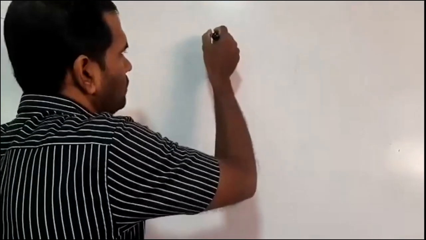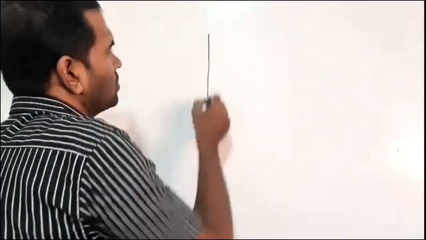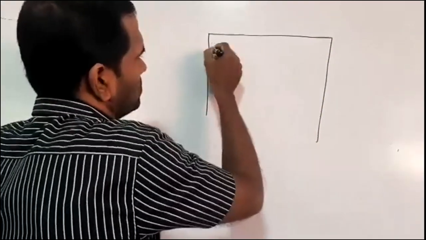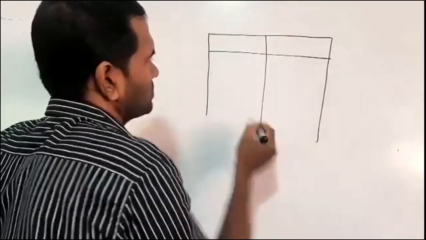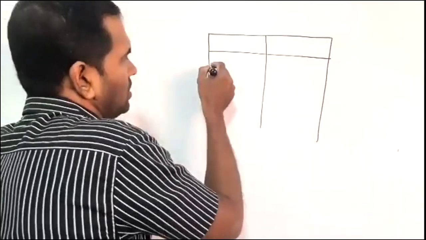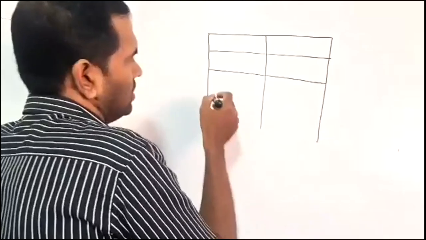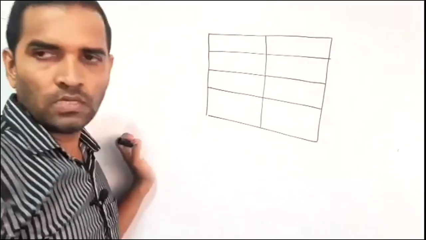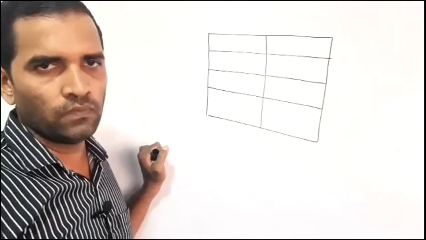Look here, this is my table. I want a table with 2 columns, and let me create 4 rows. Okay, 2 columns and 4 rows.